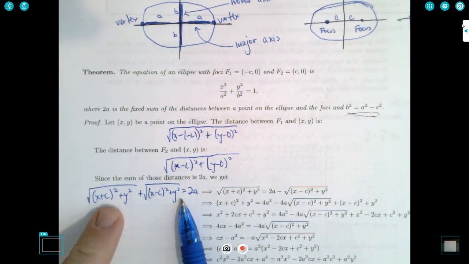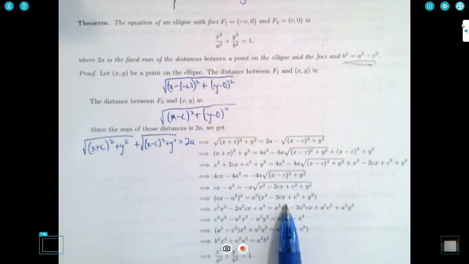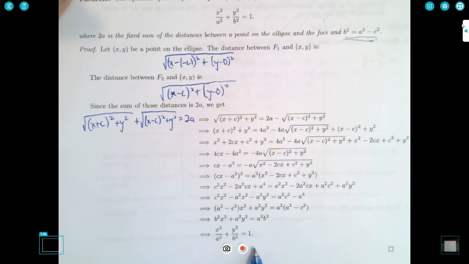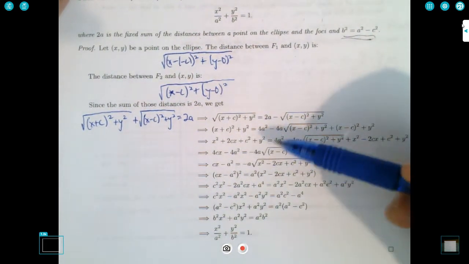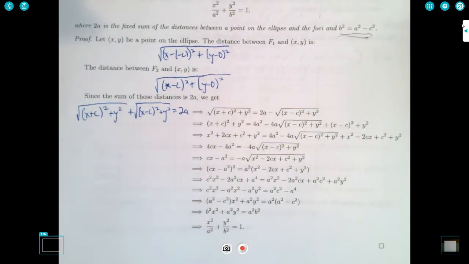Well, if that's the case, you can isolate one of the radicals, square both sides, isolate the other radical, square both sides, do some algebra, and end up right here. I'll let you read through the rest of it, because it's just algebra. But this is the case.